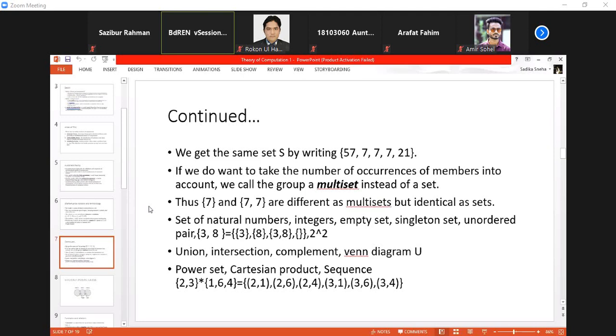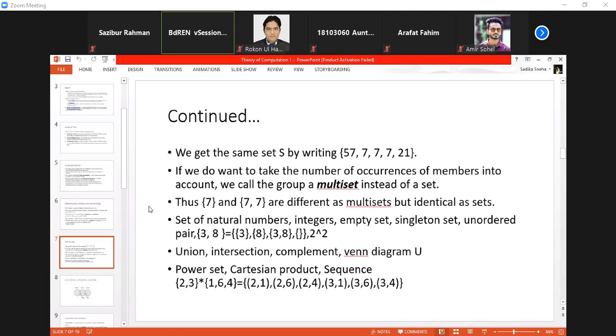Now there comes sequence. Sequence for any set is where all the members of the set will be there, but they are going to follow some order.